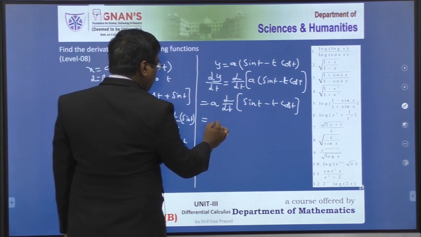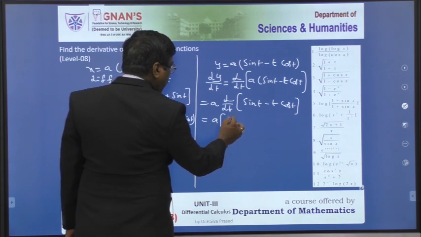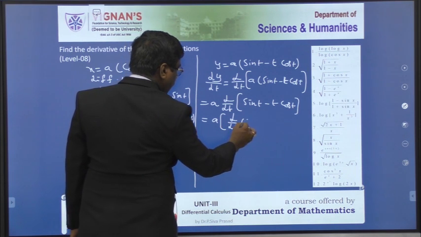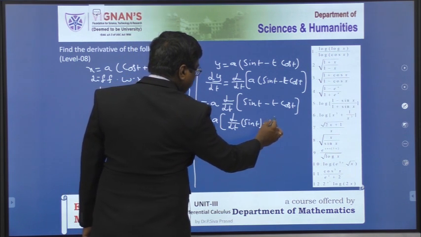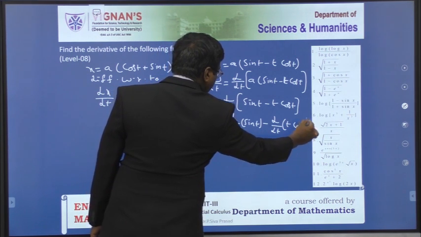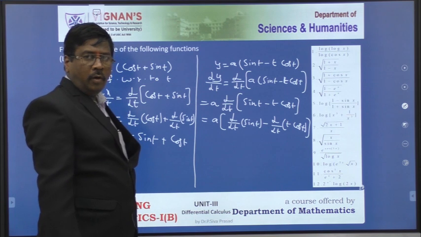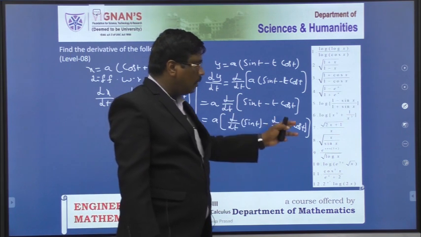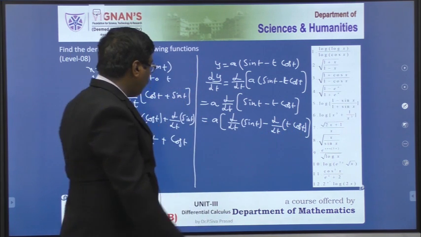Therefore this is equal to a into d by dt of sin t minus d by dt of t cos t. While performing the derivative of this function, you can apply the UV rule, please keep it in your mind.